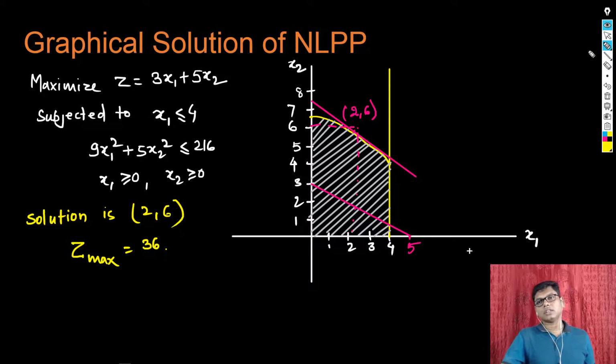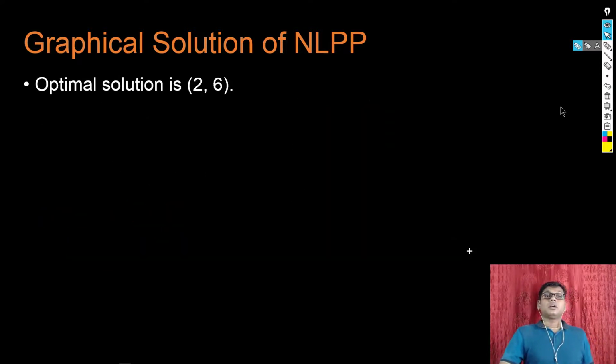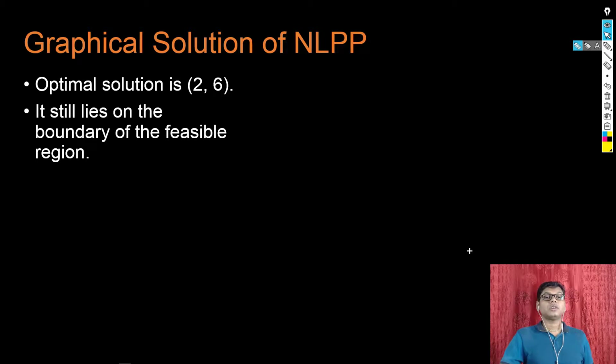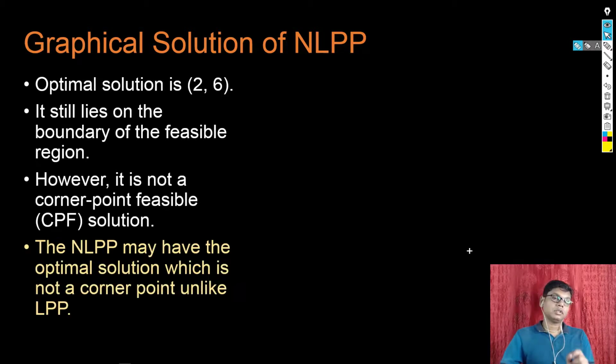Now see another case. However, it is not a corner feasible solution. So nonlinear programming may have an optimal solution which is not a corner point. So it is not as simple as a linear programming problem.